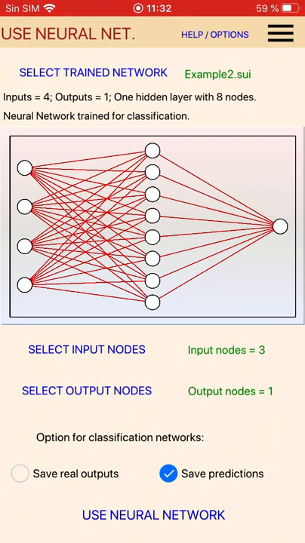So again, if you want to apply this neural network to a flower, you only have to write these 4 values here, and then you obtain the prediction. But to make it shorter, I show you how to compute the percentage for correct classifications.